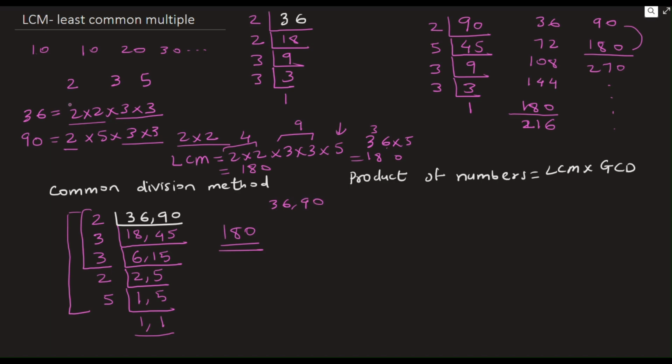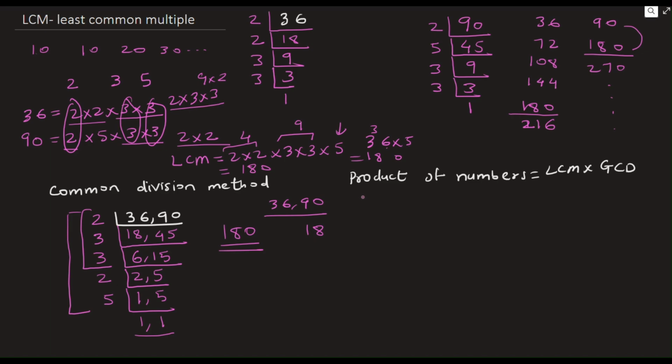The common factors are 2, 3 and 3. So 2 times 3 times 3 is 9 times 2, so the GCD of these two numbers is 18.